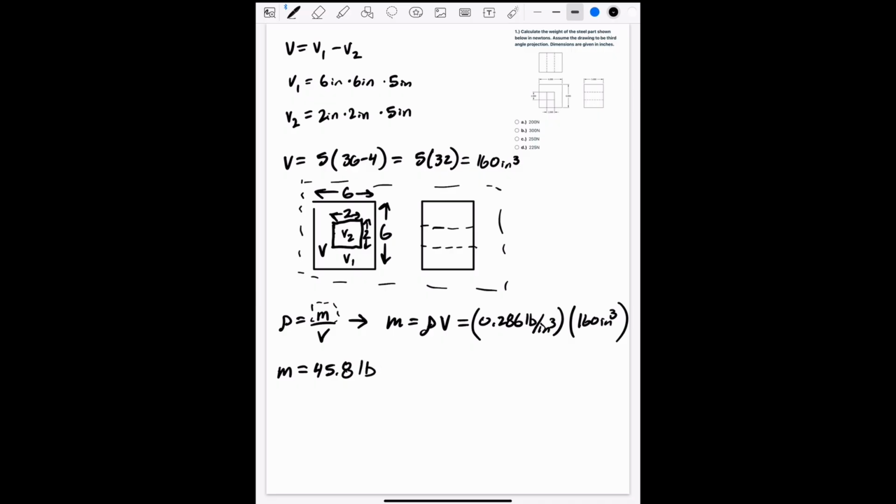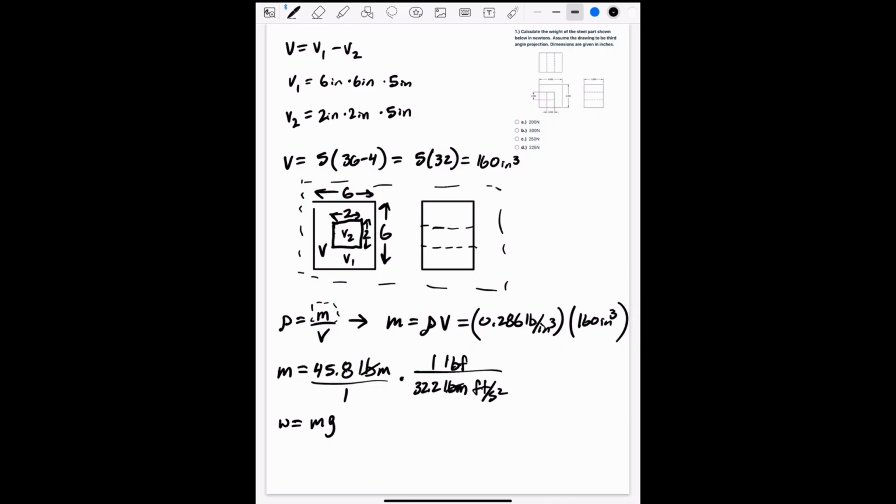pounds. I'm going to put pound mass because I want to go through a full sort of unit conversion, if that's helpful. So we can say that there's 32.2 pound mass feet per second squared per 1 pound force. The pound mass cancels out. Then we can say that the weight is equal to mass times the gravity constant.